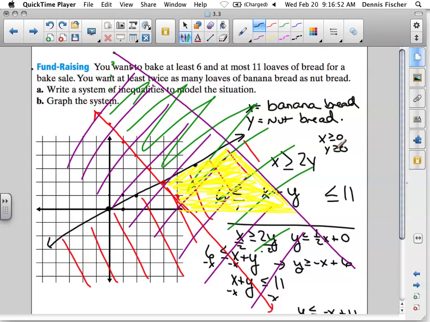On this section, I believe I assigned page 132, 4 through 52 by 4s. There are only 13 problems.